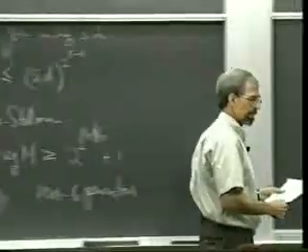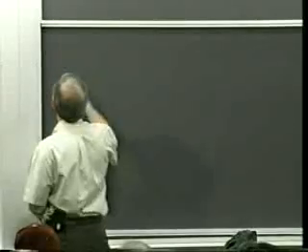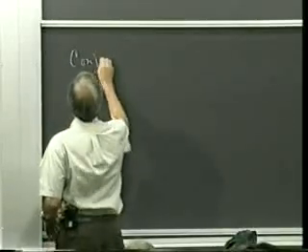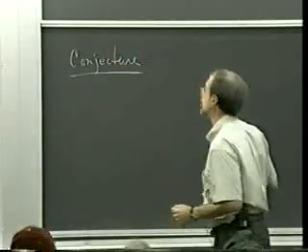And I think the following is a plausible conjecture. Rob Lazarsfeld told me it was his favorite conjecture of this kind. So, conjecture, I don't know to whom to attribute this, possibly Lazarsfeld.